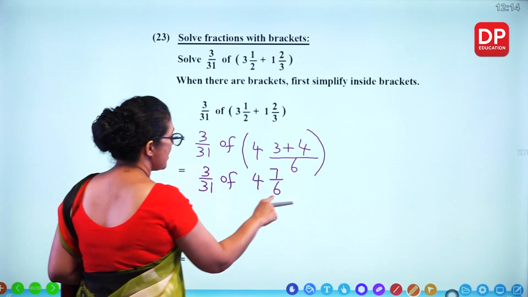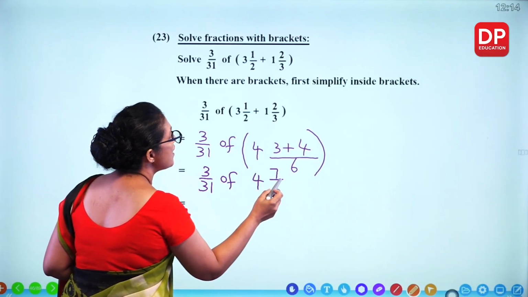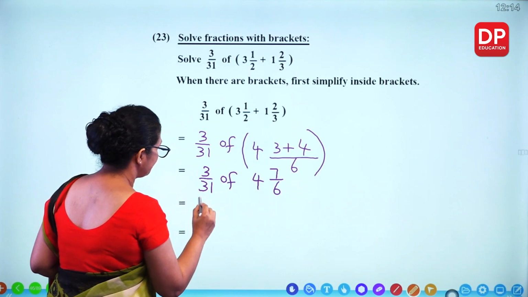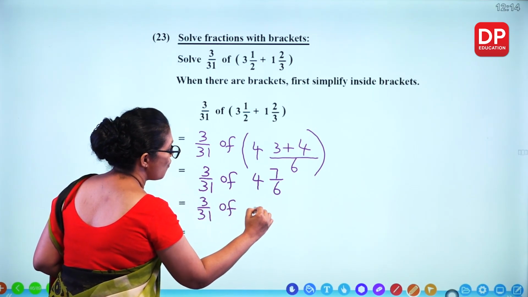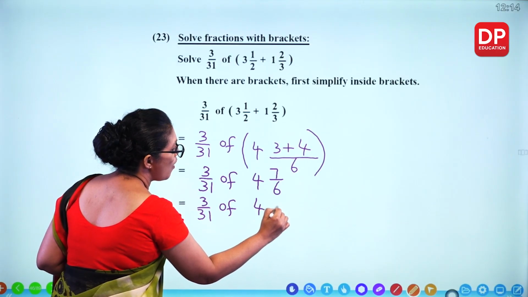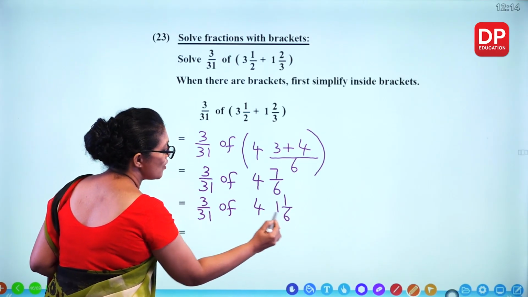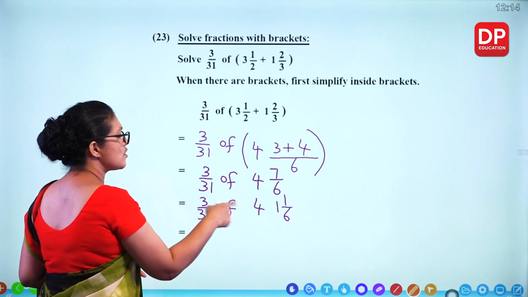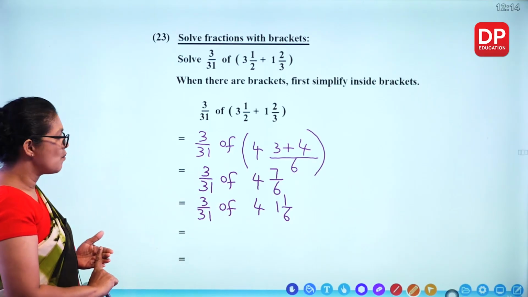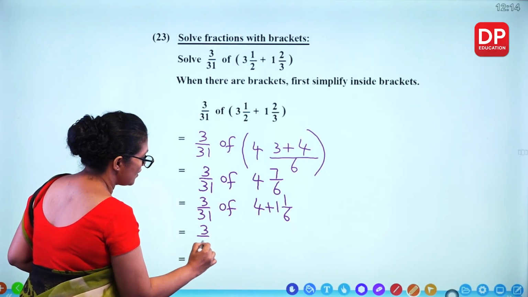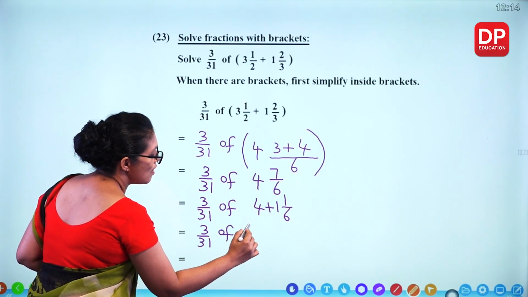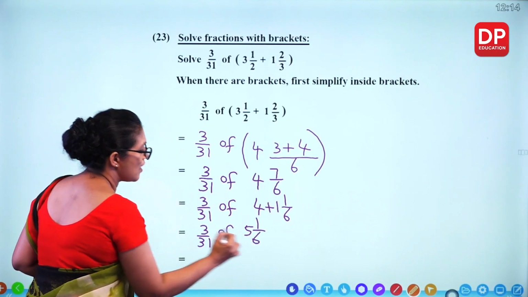So we can write instead of this 1 and 1/6. 4 and 1 and 1/6. So what you get here? When you take the total, that's 5 and 1/6. 3/31 of 5 and 1/6.